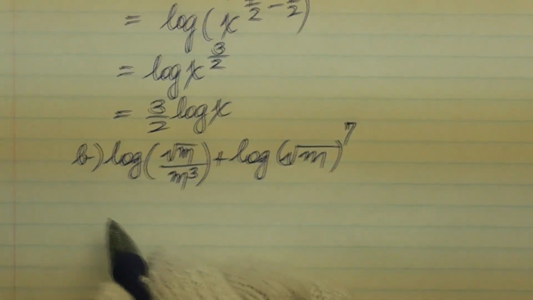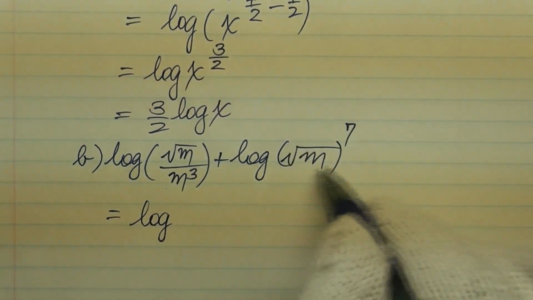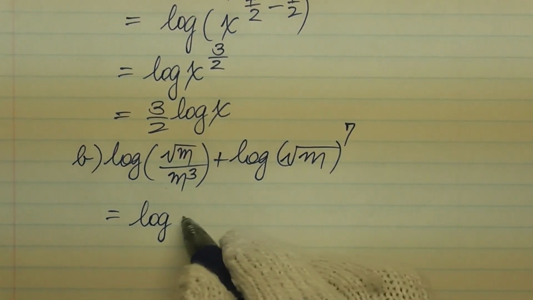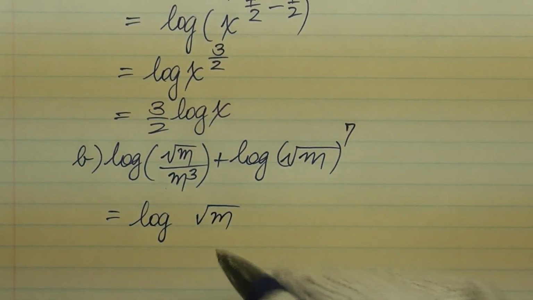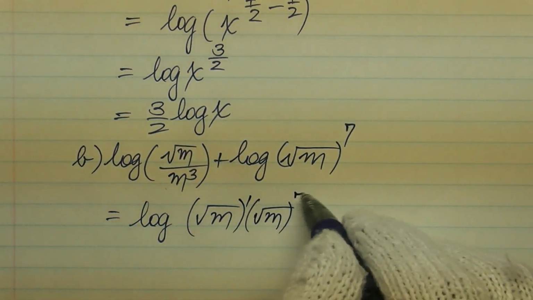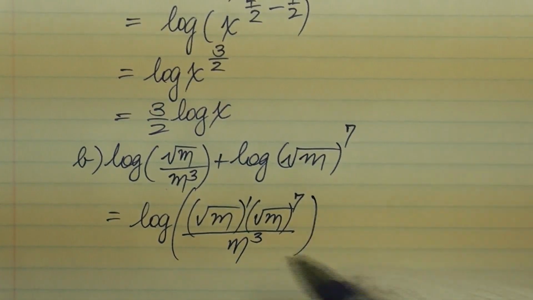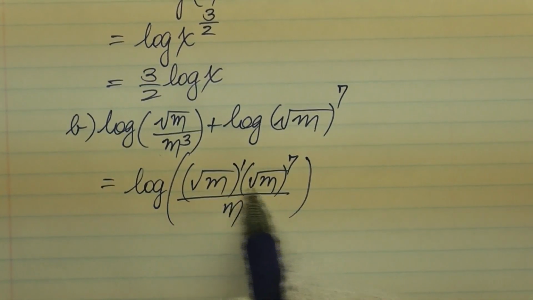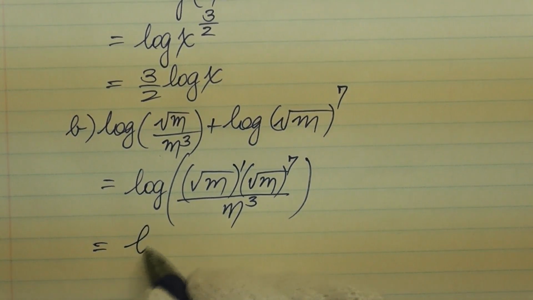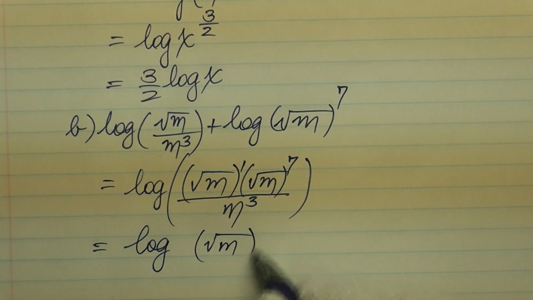So we got the addition of two logs, so that's the same as log of the product of this and that. So if you look at it, we've got square root of m, now the square root of m times the square root of m to the 7 gives us the square root of m to the 8.